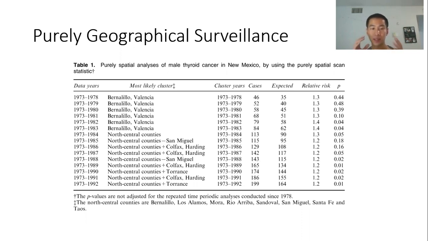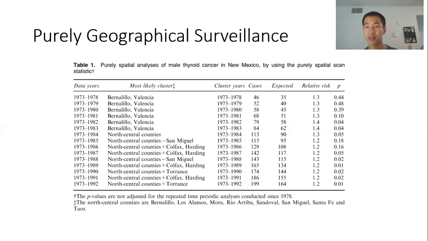Those areas are north central counties, minus one of the counties inside those north central counties, or plus a county which is outside those counties. The p-values here are not adjusted for repeated time periodical analysis.